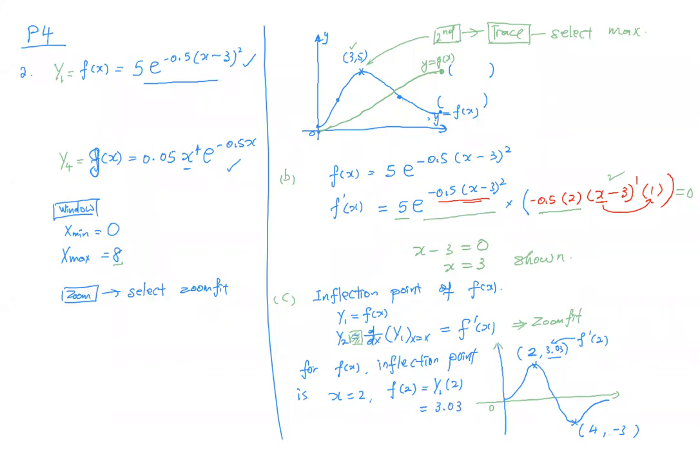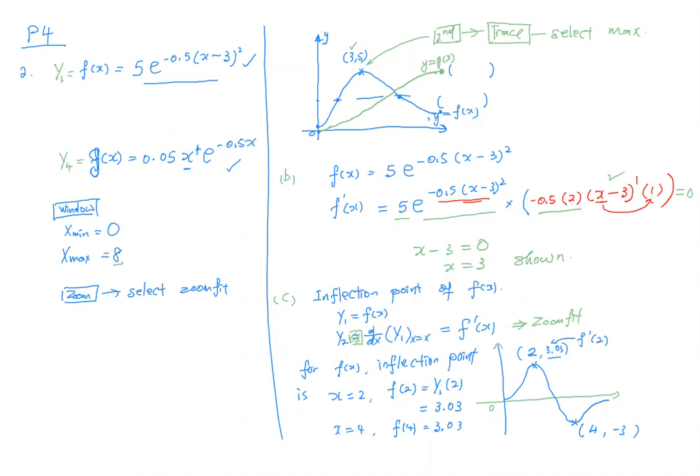Okay, 3.03 also. So how about when x equal to 4? I think it's also 3.03. But it's negative? No, it will be positive. So it's symmetrical. It's 3.03 also. Yes. Okay, so there are 2 inflection points for fx.